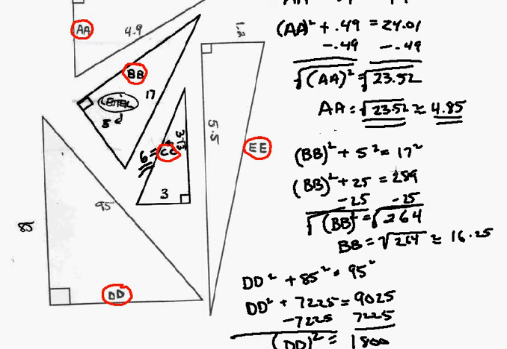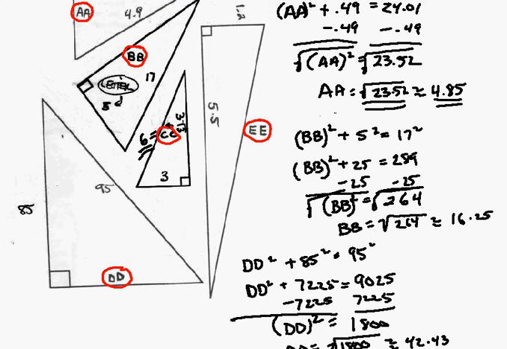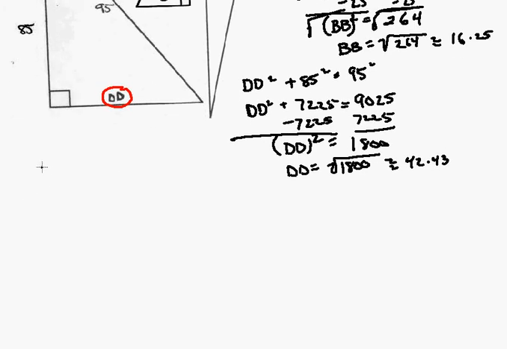Pythagorean theorem, here we come for the last time. Alright, so here we go. 1.2 squared plus 5.5 squared equals the hypotenuse squared.